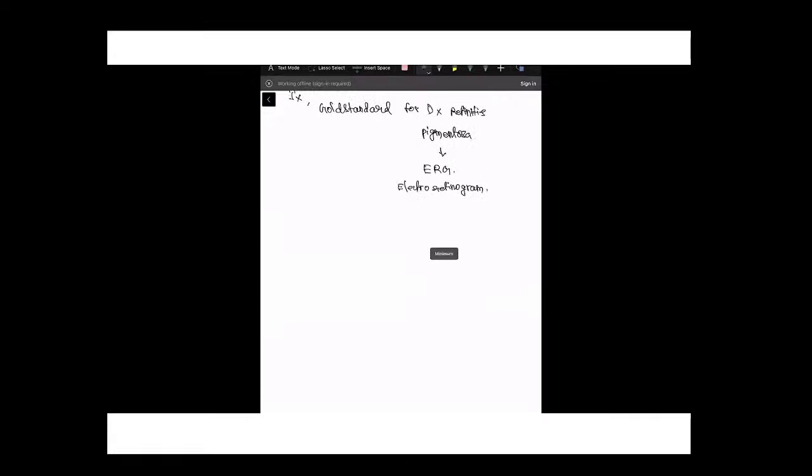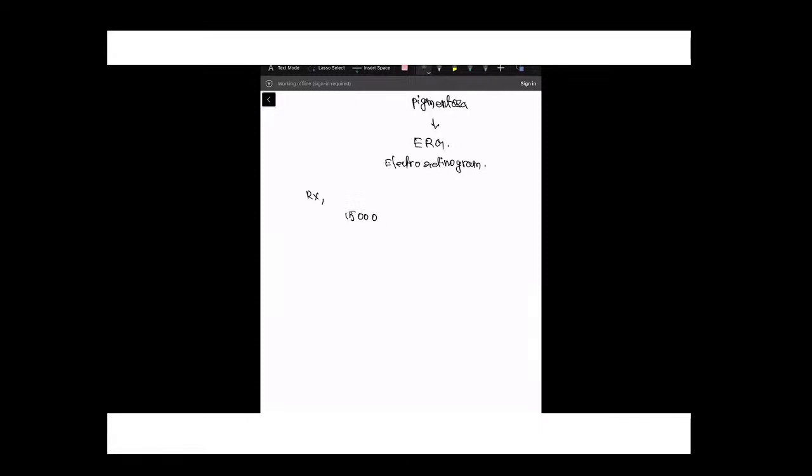The treatment of retinitis pigmentosa is 15,000 international units per day of vitamin A. This is not toxic. But vitamin A can be teratogenic, so it cannot be given during pregnancy.